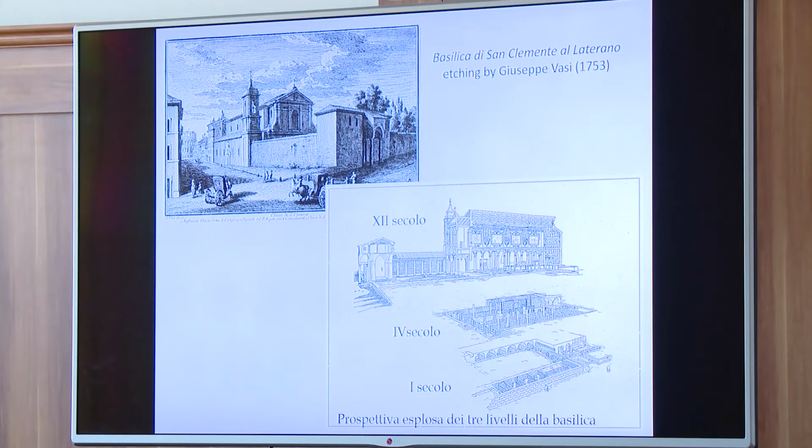Basilica San Clemente here in the novel is described as a multi-layered building superimposing several historical layers and different persons with the same name, Clemente or Clemens.